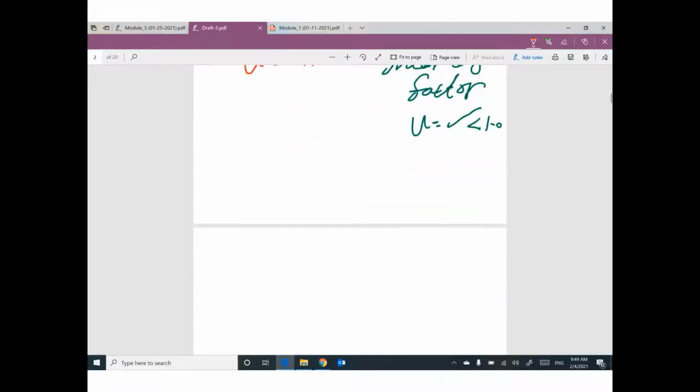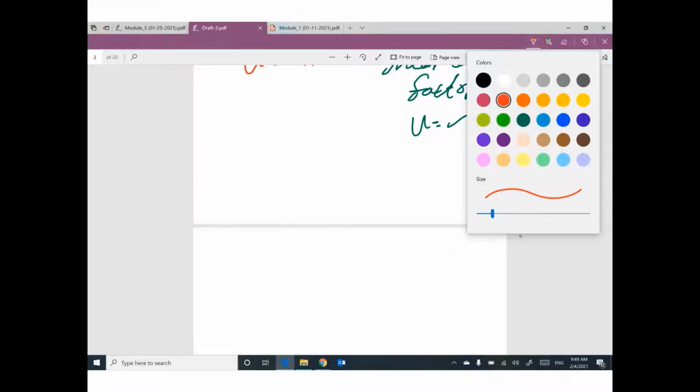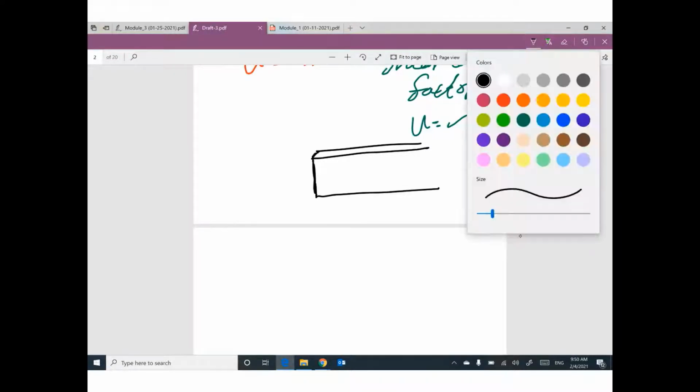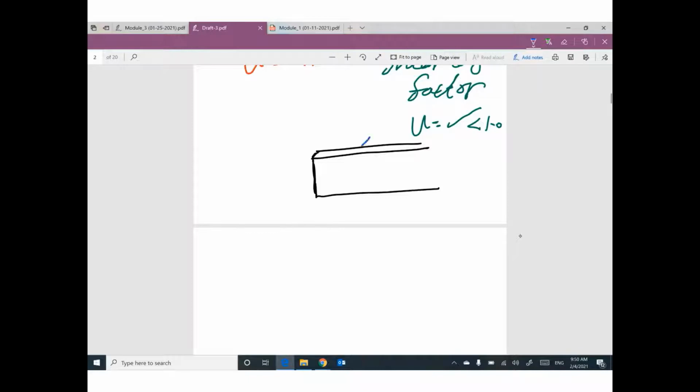In our case, the member is given as plate. And this plate is connected by another plate or another gusset plate, whatever, by this hole or these holes.